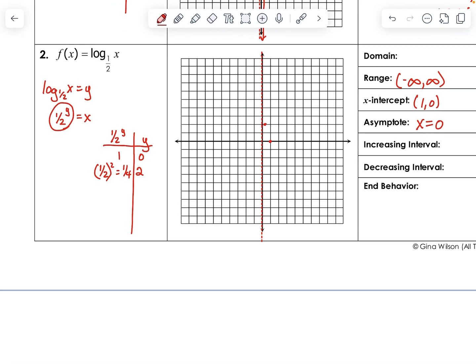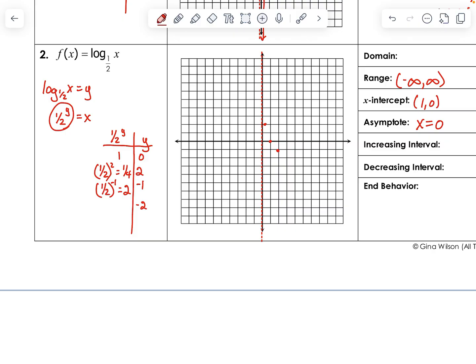So when y is a positive value, it's given me a fraction. So let's make it negative. Y to the negative first, so I'm going to have 1/2 to the negative first power, which is going to give me 2. So my next point is (2, -1).